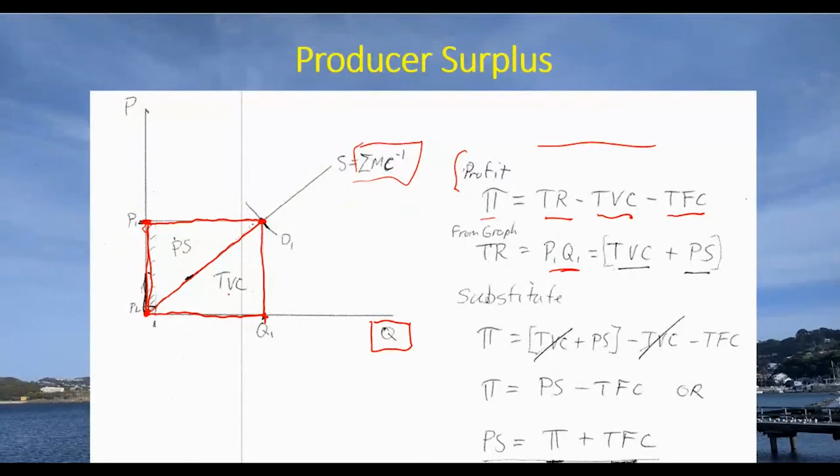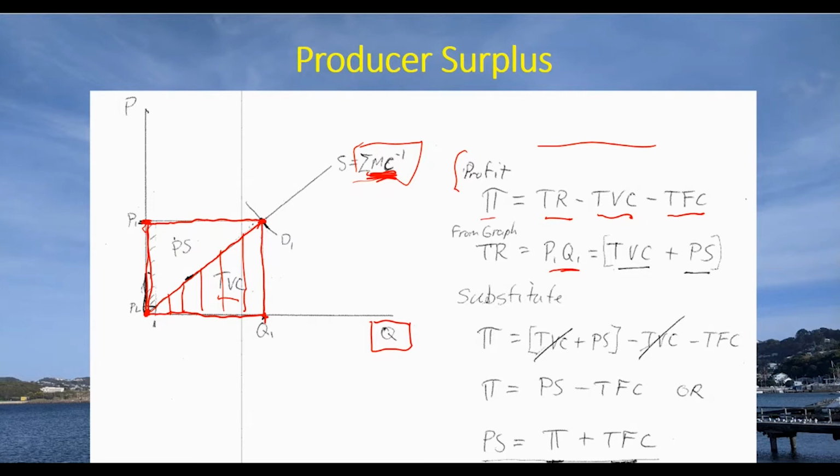That bottom triangle turns out to be the total variable cost in the production process itself. Going from 0 to the quantity and measuring everything under the marginal cost curve sums up the total variable cost that the firms are responsible for across the entire market.